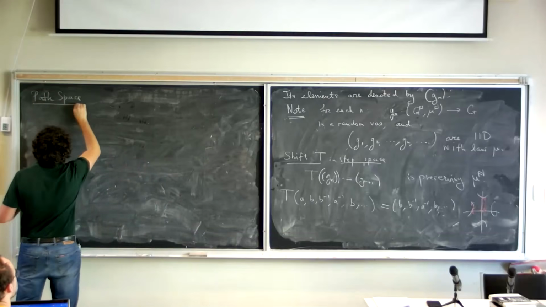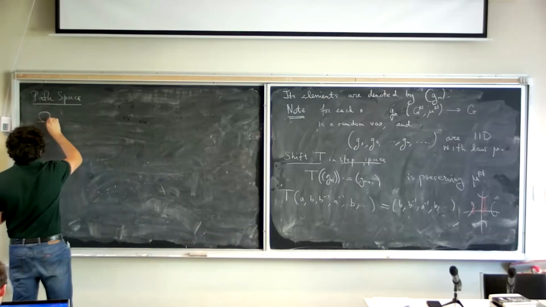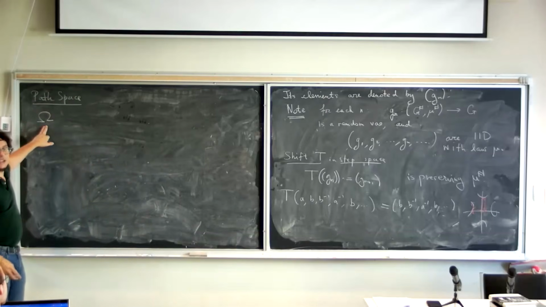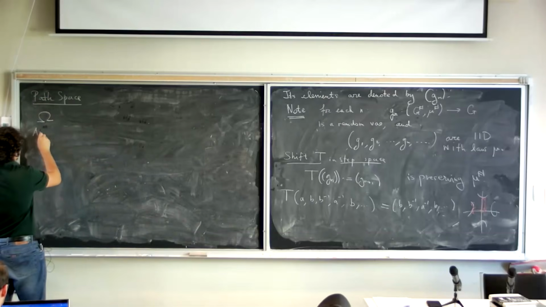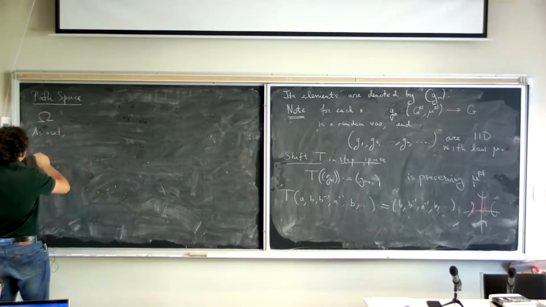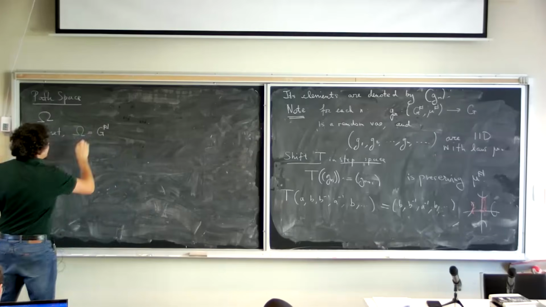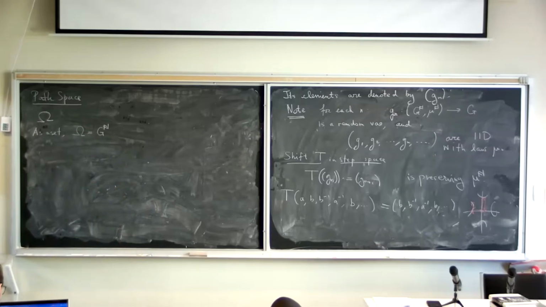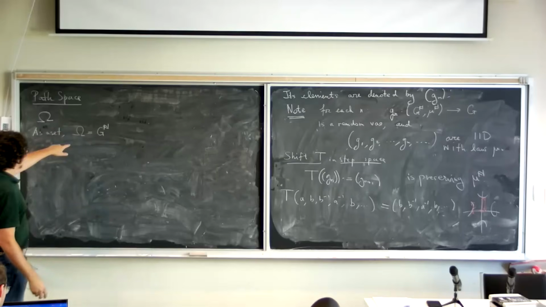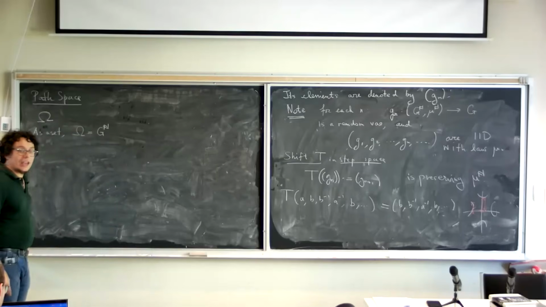The path space we always denote by omega, again not to confuse with the step space. As a set, omega is also the space of infinite sequences, and that's why it sometimes gets slightly confusing, but it has a completely different dynamical meaning.